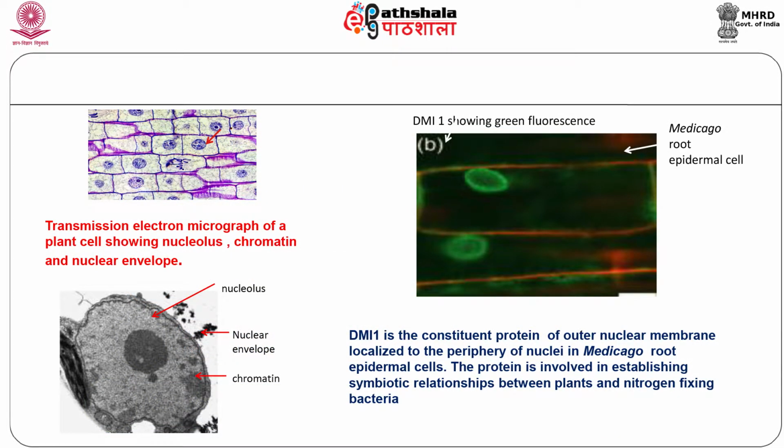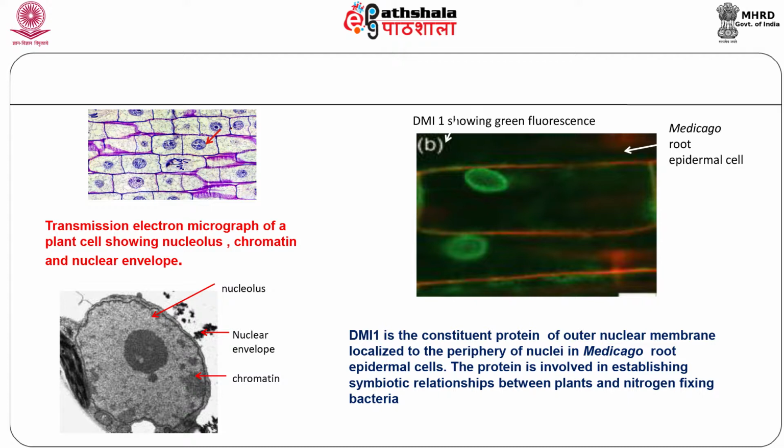You can see couple of dividing cells in the slide. Each cell has a prominent blue stained nucleus. If you see the transmission electron micrograph, it shows enlarged view of plant nucleus, wherein you can see a large nucleus bound by double membrane.